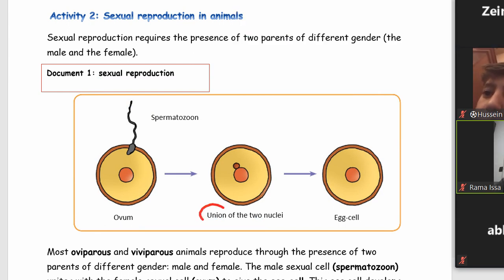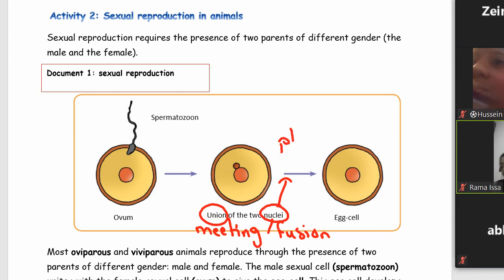Now, union means meeting or fusion. The fusion of both nuclei. Nuclei is the plural of nucleus, because I have the nucleus of the male and the nucleus of the female, so I have two nuclei. The union of both sex cells can produce a new egg cell.